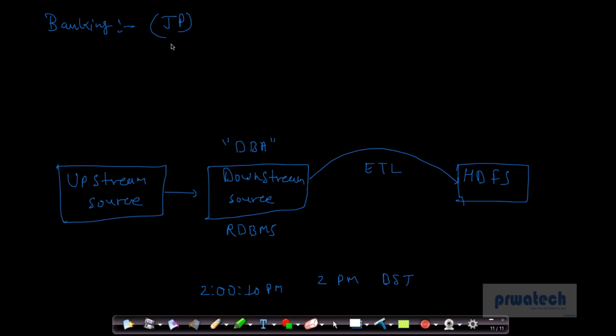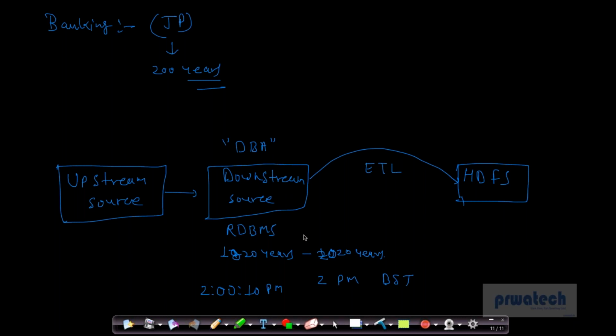So JP Morgan is storing their last 200 years of data in this downstream source system, from 1820 to 2020, the year we are currently in, because banks are very old firms. All this 200 years of data is stored in their RDBMS.